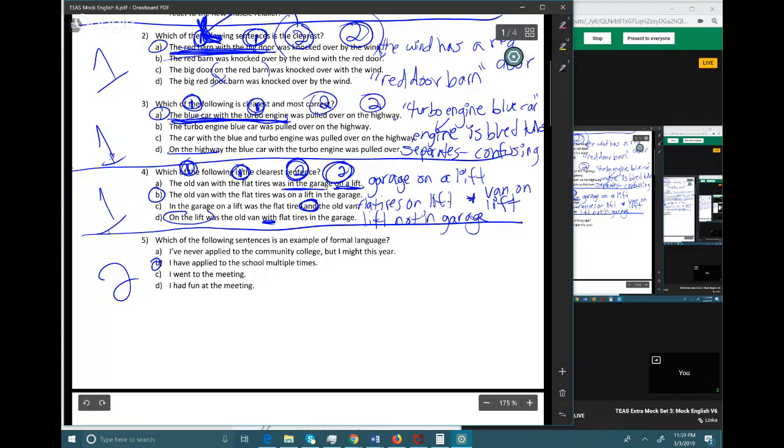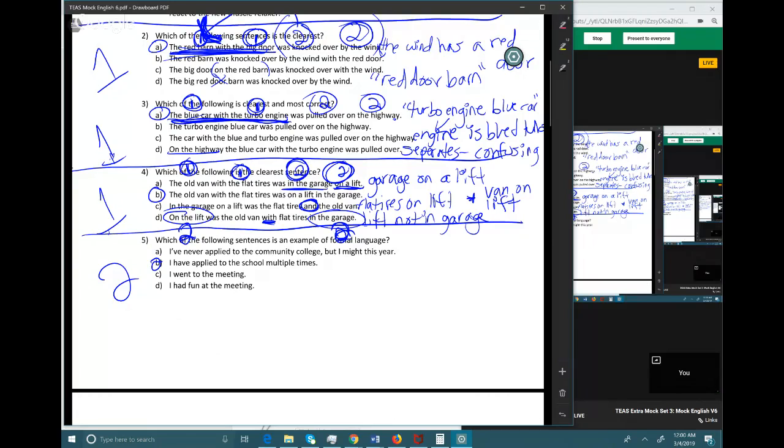Because they've got lift up here, they got garage there, so that's supposed to be a 2 and that's supposed to be a 2, and the whole point of the 1, 2 is to make sure it goes 1, 1, 2, 2, or 2, 2, 1, 1. On the lift was the old van is okay. In fact, on the lift was the old van with flat tires is okay. That's good. Whole first 3/4 of the sentence is good. But tagging in the garage on the end makes it confusing.